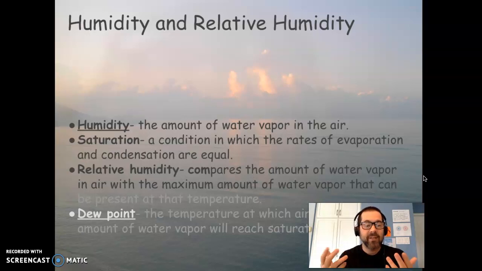So, with saturation, when the air becomes saturated with moisture, it can't hold anymore. Everything that evaporates is going to immediately want to condense because the air essentially has no room to hold this water. Relative humidity compares the amount of water vapor in the air with the maximum amount of water vapor that can be present at that temperature.